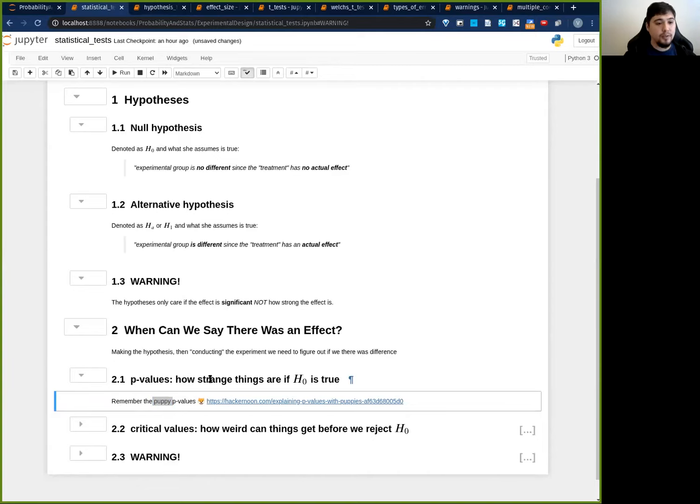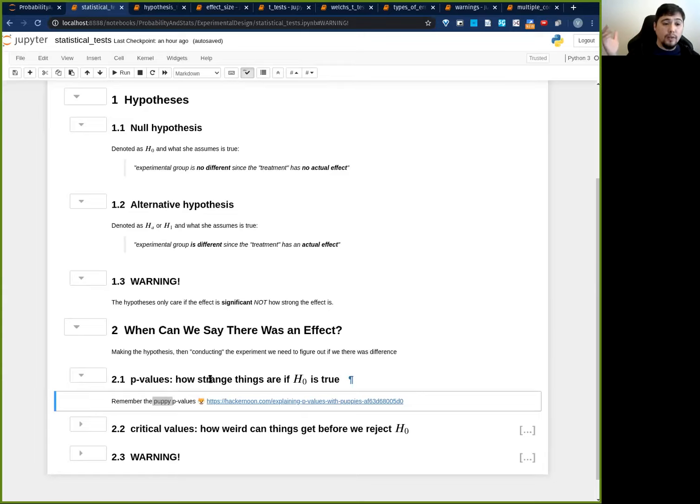Basically the way it's phrased, and I think it's a really great explanation, is that a p-value tells you how strange things have to be if the null hypothesis is true. That's what a p-value is really saying. You come into your home and you see your house is trashed, with the little trash can over the dog's head.